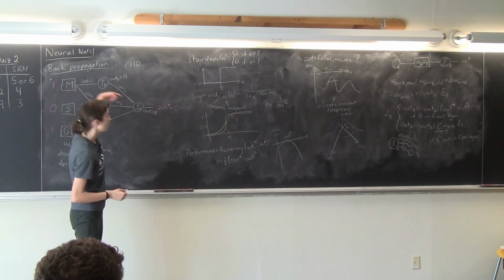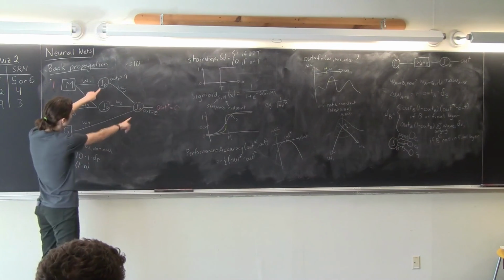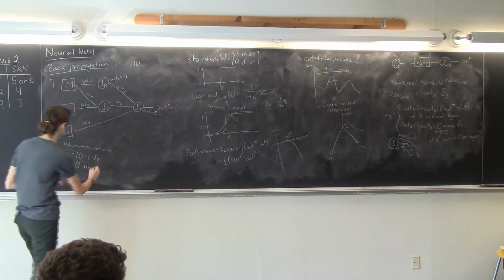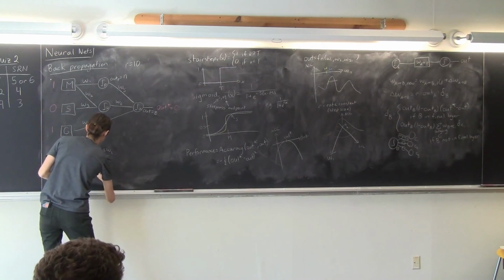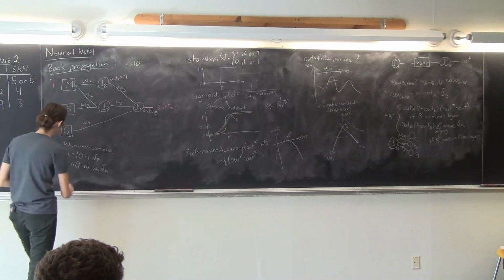Just U, because that's the only outgoing neuron. So we're just going to sum over U, and for U we're going to take the weight going from P to U. So what is that weight? W5. And then we want the delta value for neuron U.